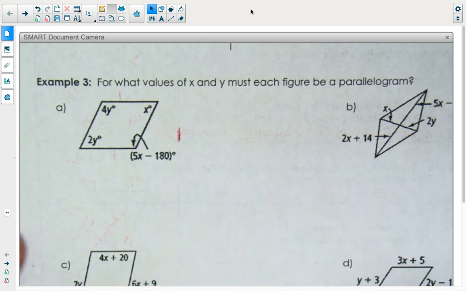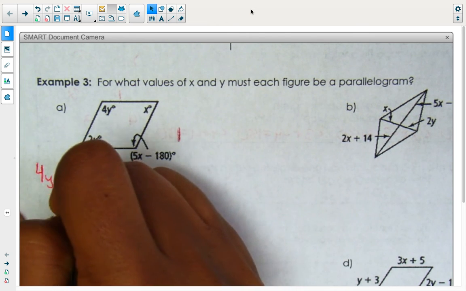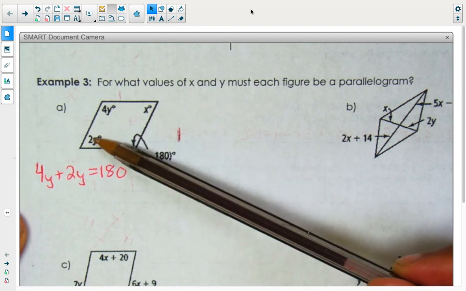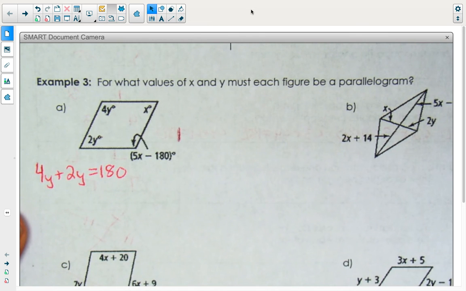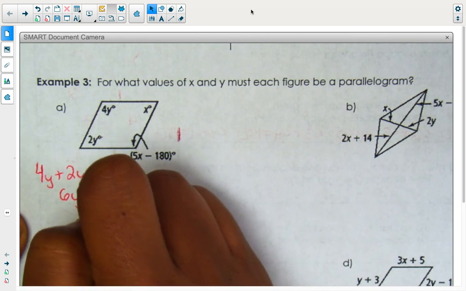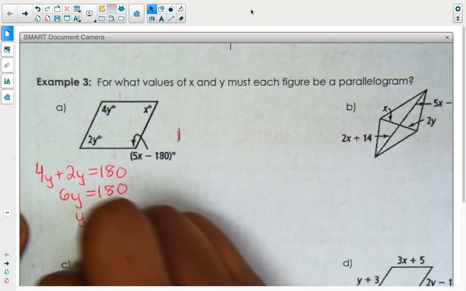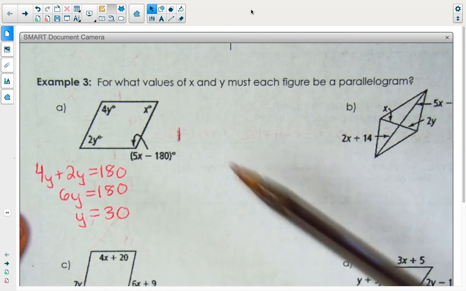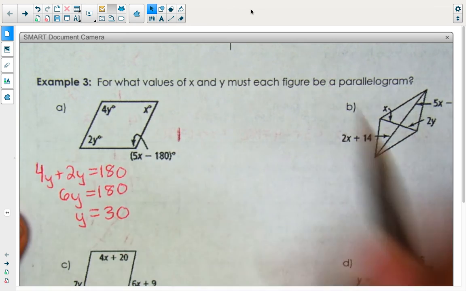So one way that I can do it, I know that 4y plus 2y is equal to 180 degrees. So these are supplementary to each other. They're beside each other. They're going to equal 180 degrees. So 6y equals 180. Divide 180 by 6, and we get 30. So we know that y is 30 degrees. I'm going to do the same thing over here. I know that these two angles are supplementary to each other.